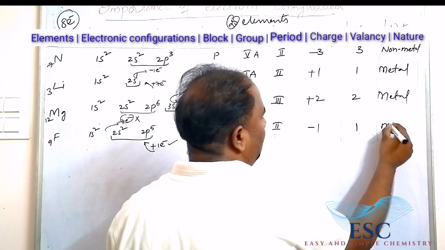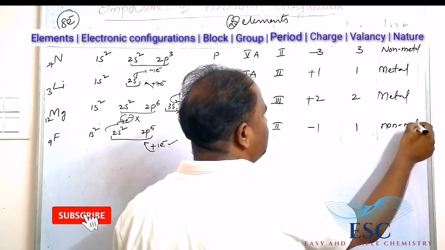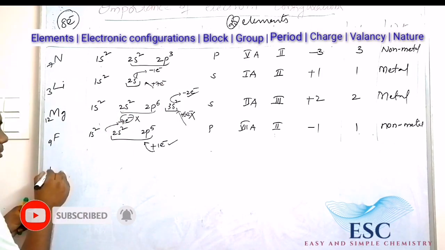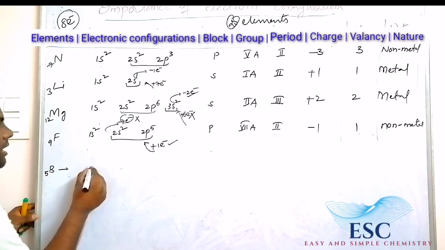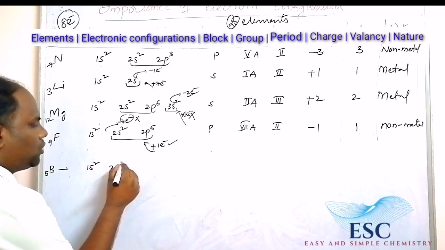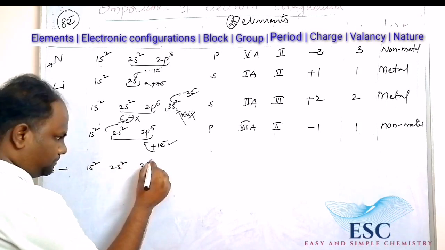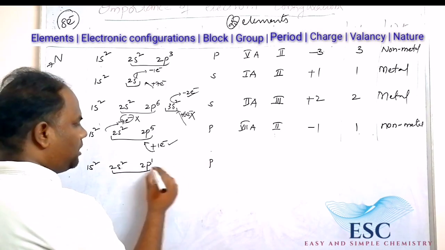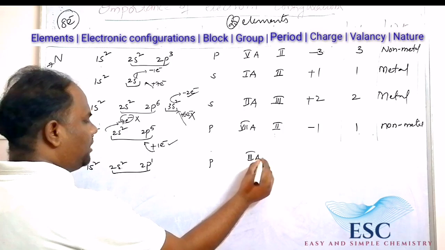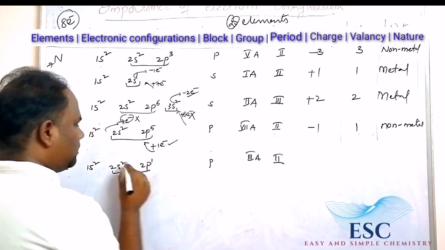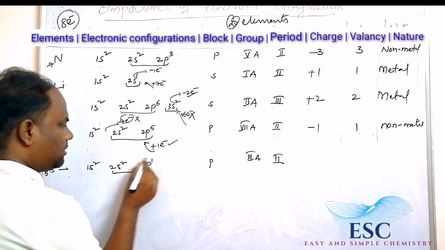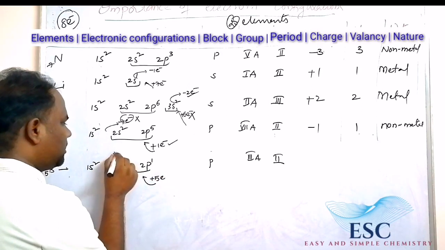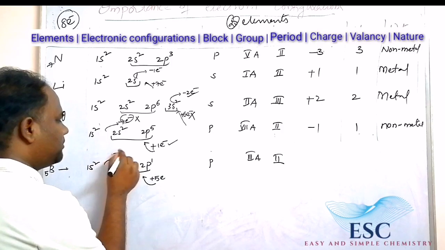It is a non-metal. Some exceptions are here. For example, boron. Boron atomic number 5. Electronic configuration 1s2, 2s2, 2p1. So these are the valency orbitals, P block element, third A group element, second period. The number of electrons is 3. It requires 5 more electrons or losing these 3 electrons.